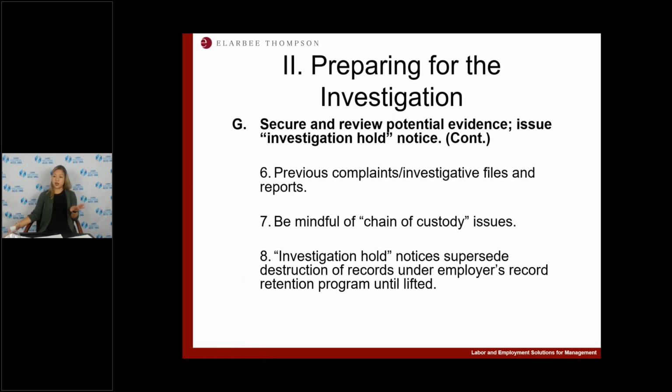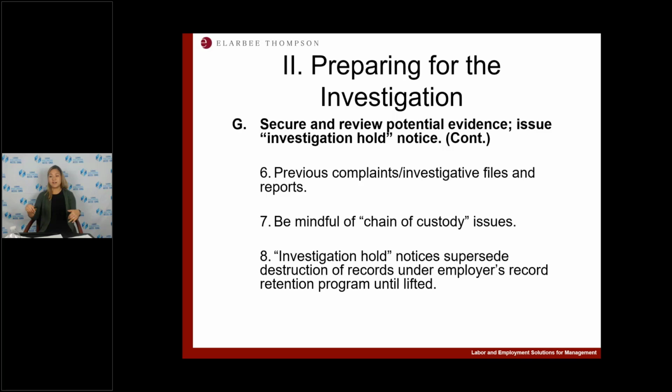Okay. And so to go with this, not only do you want to secure things, but you want to be aware of chain of custody. That's a term that we tend to think of in a very legal sense, but just be mindful that things can be doctored, things can be fraudulently made, certainly as technology goes forward.